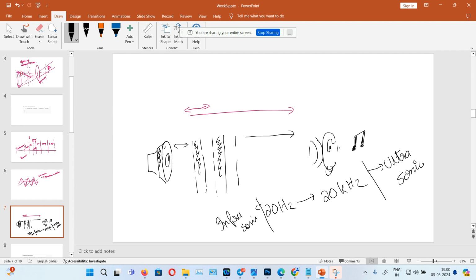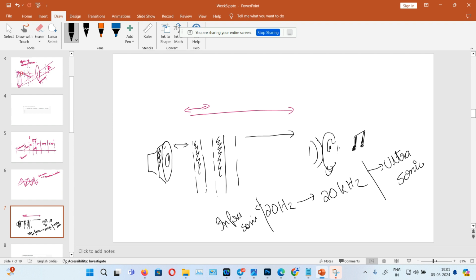You may have heard about ultrasonography of a fetus in the womb. These are sound waves only, so these are not harmful waves. If you have an ultrasonic probe, you can scan above the mother's body and get a reflection from the kid inside the uterus.